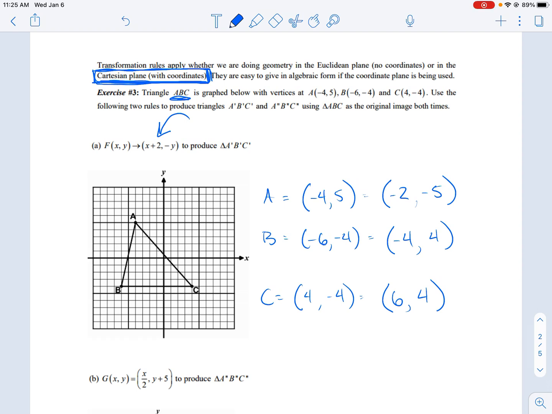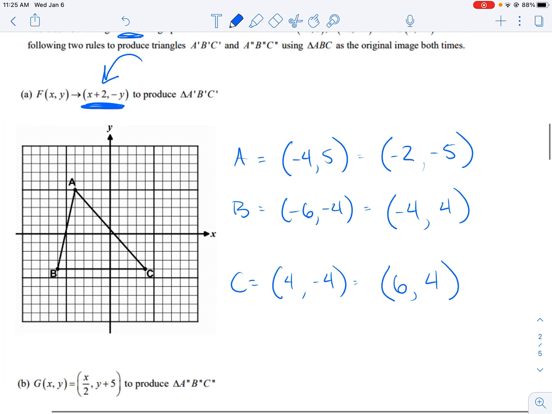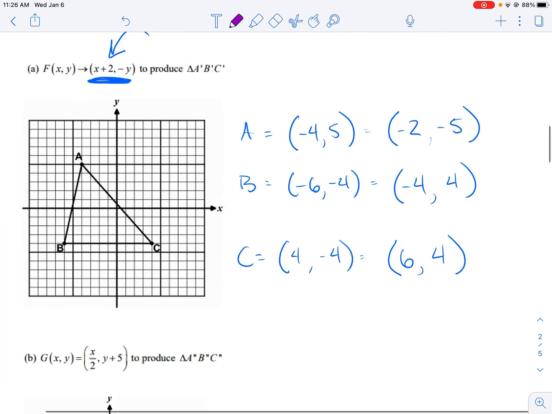We took these points and adjusted them based off of what our transformation is. Let's mark those new points in there. Zoom in here a bit. Get a nice red color here. So (-2, -5), counting 1, 2, 3, 4, 5 down. Then (-4, 4).